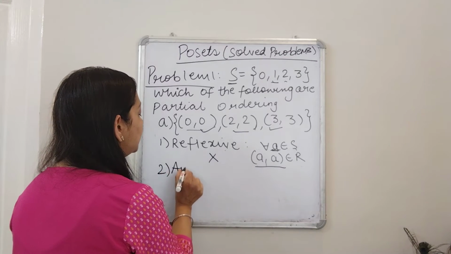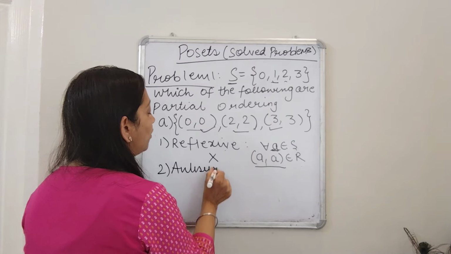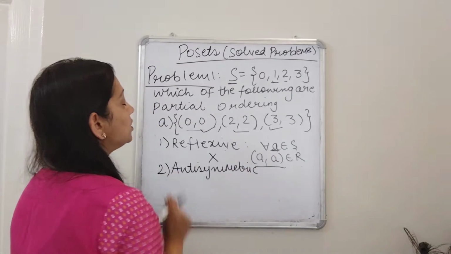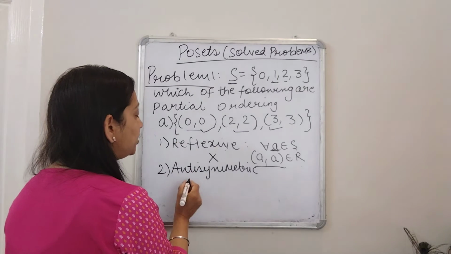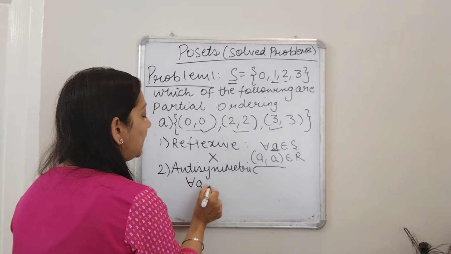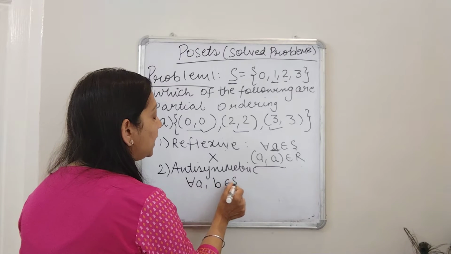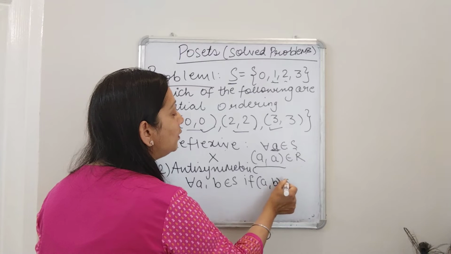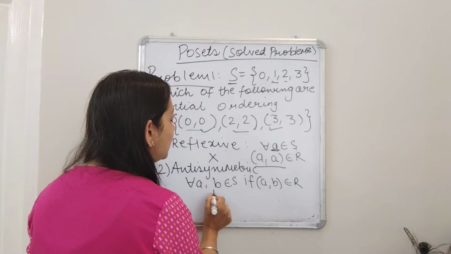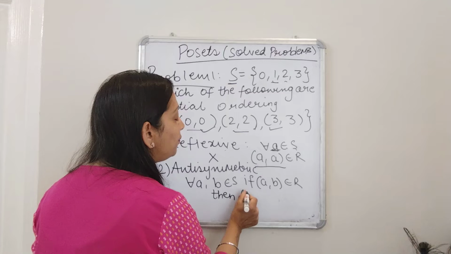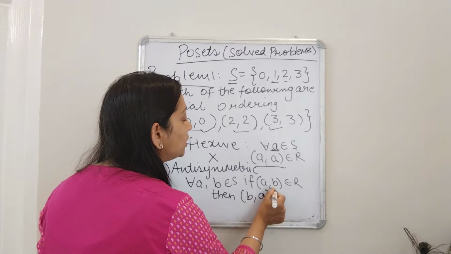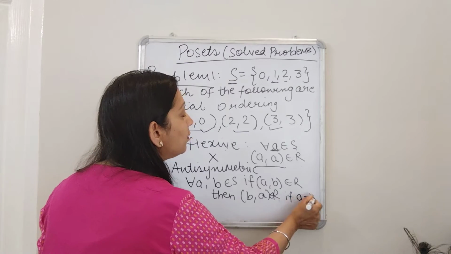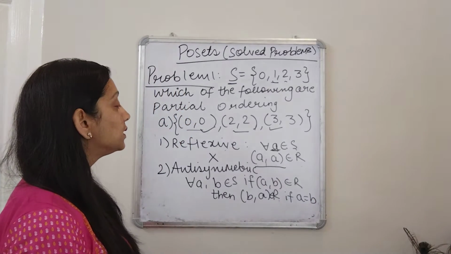The second criterion is antisymmetry. Now we have to check whether it is antisymmetric or not. For antisymmetry, I say for all A, B that belong to set S, if the ordered pair A, B belongs to relation R, then the ordered pair B, A belongs to relation R only if A equals B. This is the criterion for an antisymmetric relation.